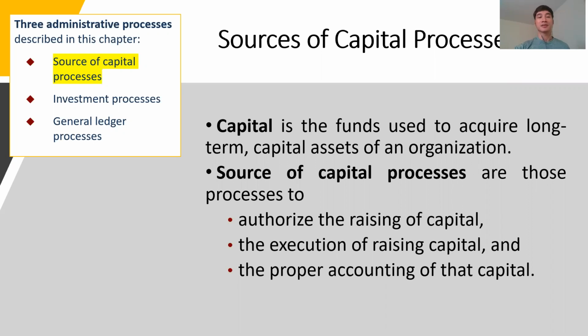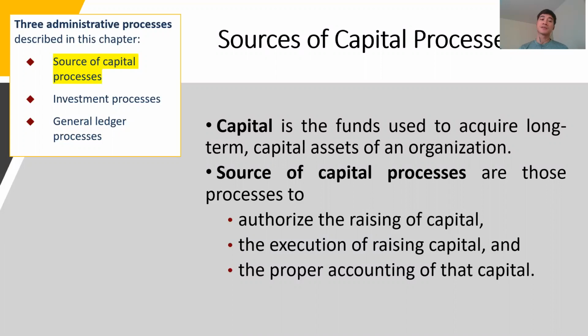The operation of any organization requires long-term capital assets such as land, buildings, and equipment. To purchase these capital assets, top management must have capital available. Capital is the funds used to acquire the long-term capital assets of the organization.